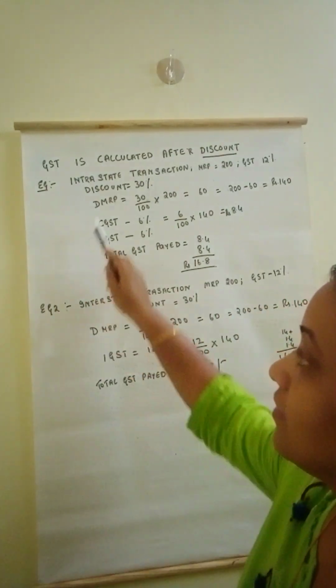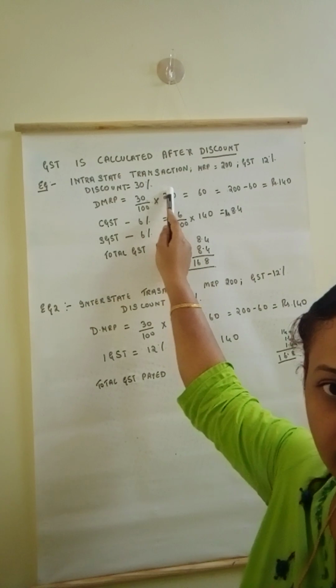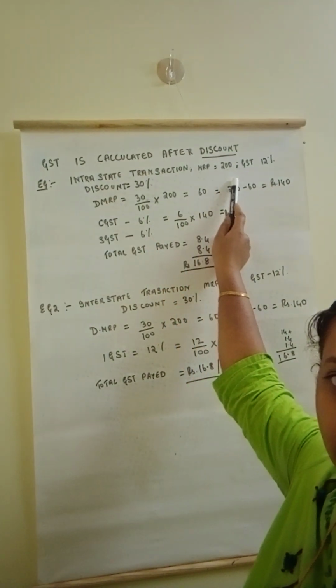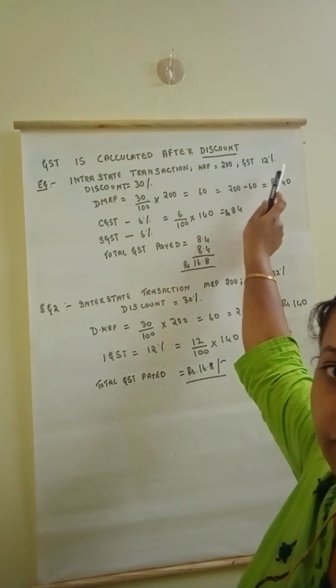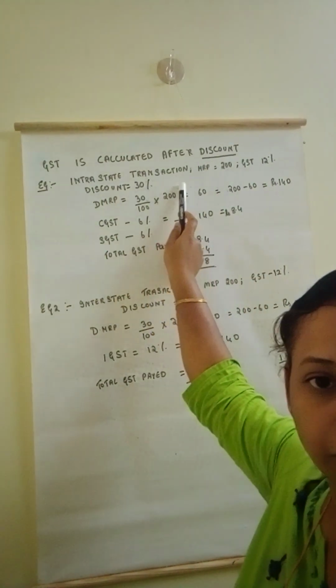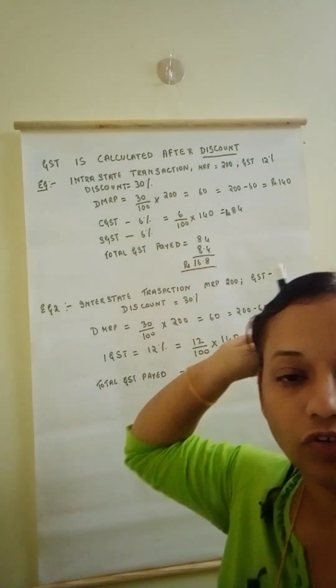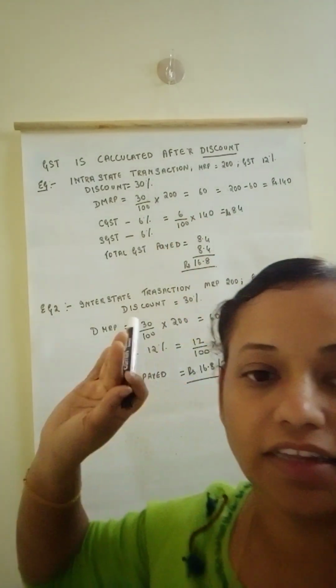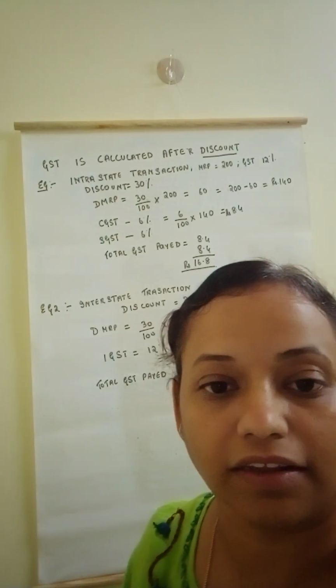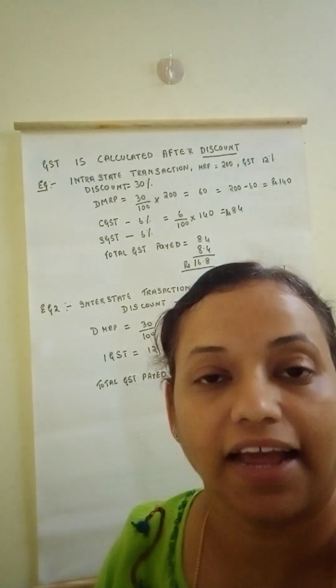Say there is an intrastate transaction for a product with an MRP of 200 rupees, the GST applicable is 12% and the discount is 30%. They're asking you to find the GST that the government gets, both the state and the central government.